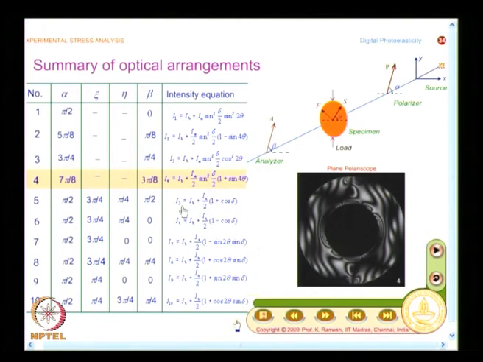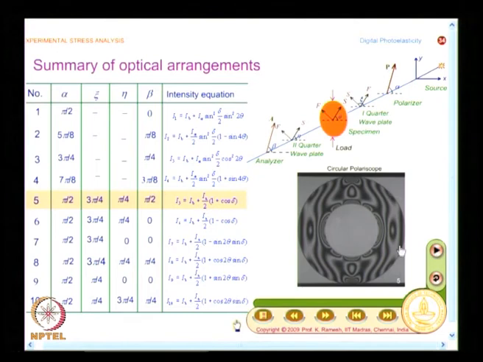The intensity equation is appearing slightly differently, but if you look at this, this is nothing but your conventional bright field arrangement. I will have the quarter wave plate introduced, and the slow axis of the first quarter wave plate is labeled as zeta, and the slow axis of the second quarter wave plate is labeled as eta.